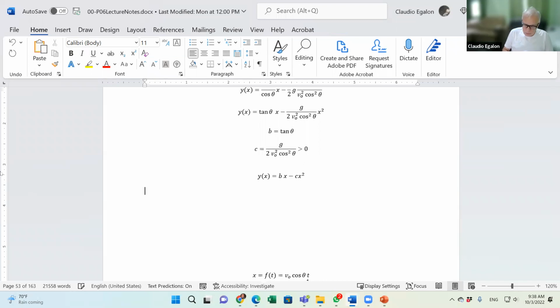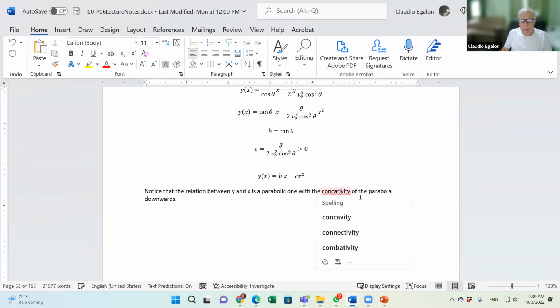So now notice that this relation between y and x is a parabolic one. Not just a parabolic one, but the parabolic one with the concavity of the parabola downwards.